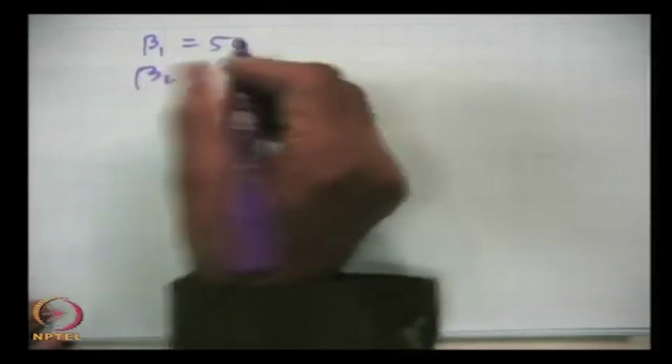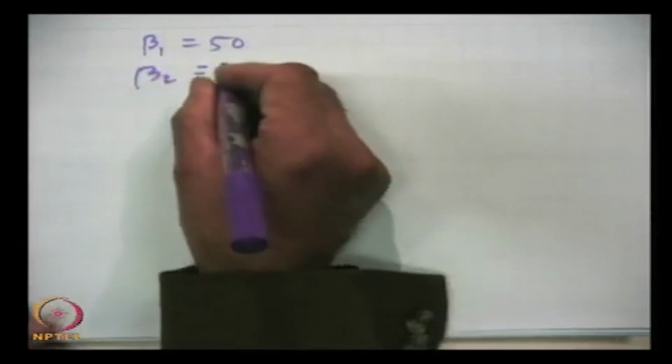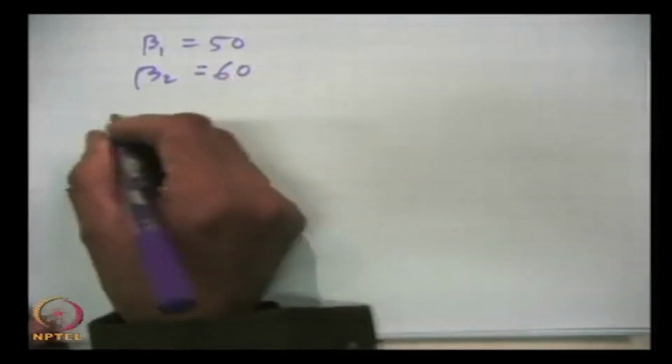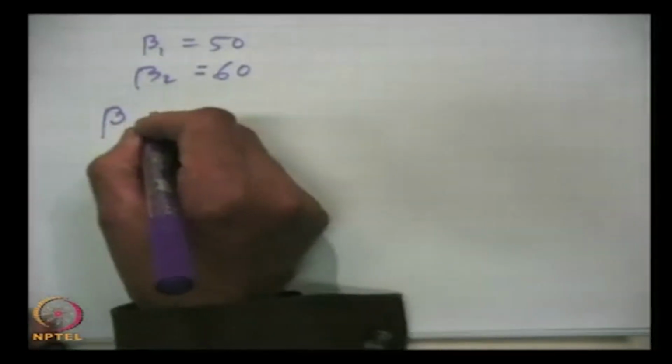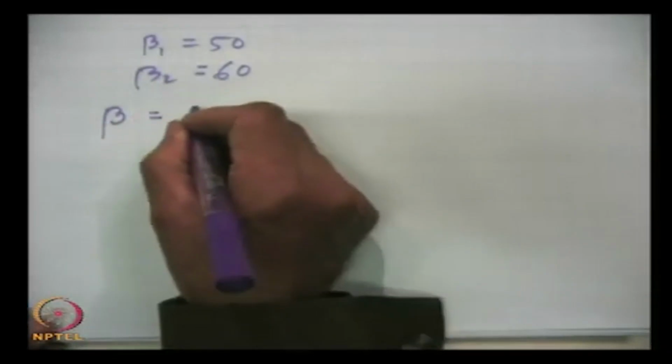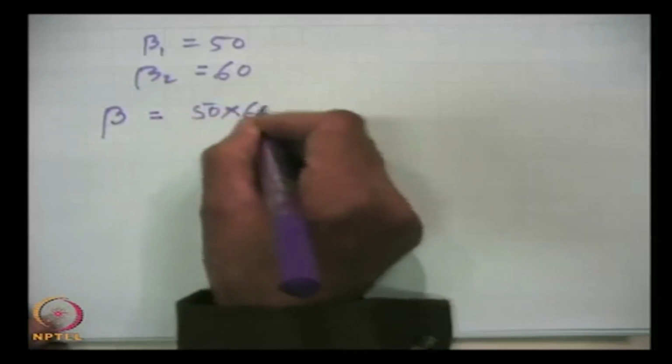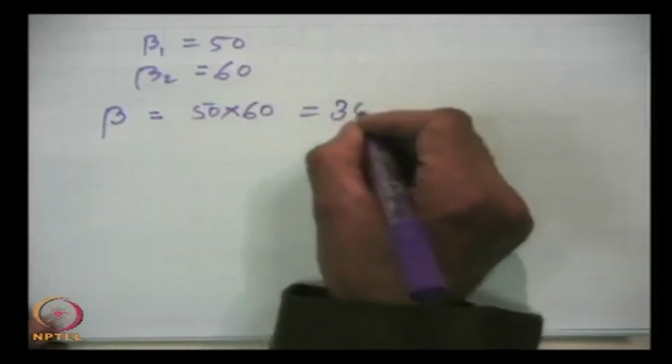As an example, let beta 1 be 50 and beta 2 be 60. Then for the Darlington pair, the current gain will be 50 into 60, which is 3000.